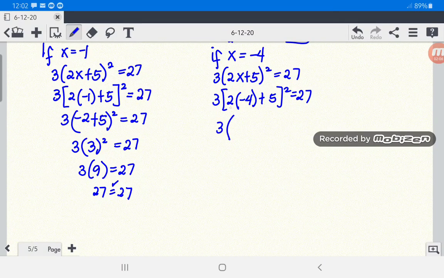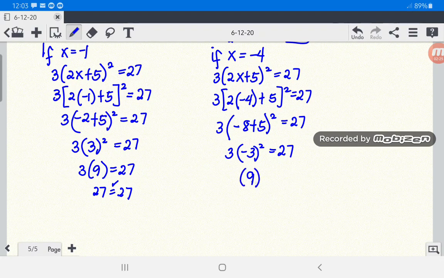So we have 3 times 2 times negative 4, that is negative 8 plus 5 squared, then equals 27. Negative 8 plus 5, that is negative 3 squared, then copy 3, then equals 27. Negative 3 squared, that is 9, because negative 3 times negative 3 is 9. 9 times 3 equals 27. So 3 times 9, that is 27, equals 27. Check. Also, as you can see, both values of x satisfy the given equation.